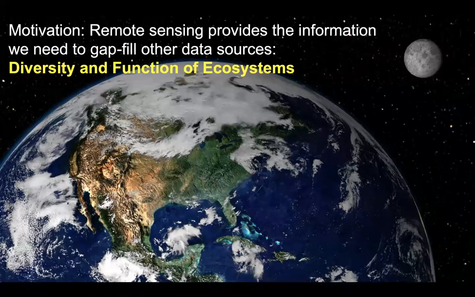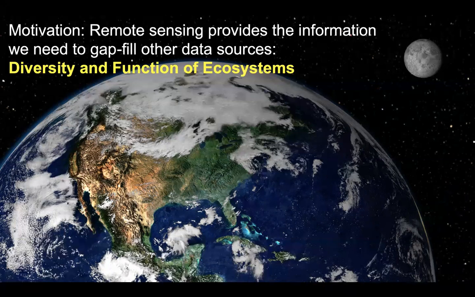So why do I do this? Remote sensing, I think for most of us who use it, is all about filling in gaps of information to make maps about stuff that we just can't measure everywhere on the ground. And we somehow need to extrapolate and look at what spatial patterns are, because we can't get everywhere. I'm particularly interested in the diversity and function of ecosystems, and I work in both natural and human-dominated landscapes like agriculture.